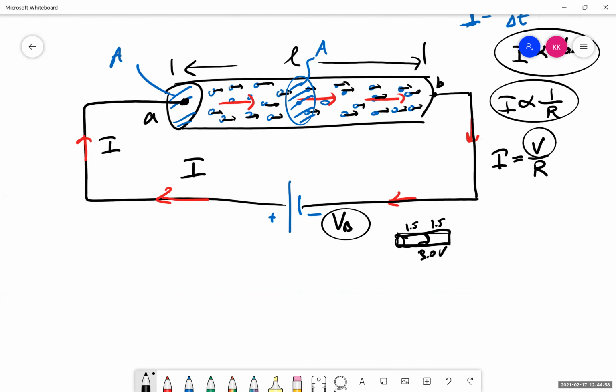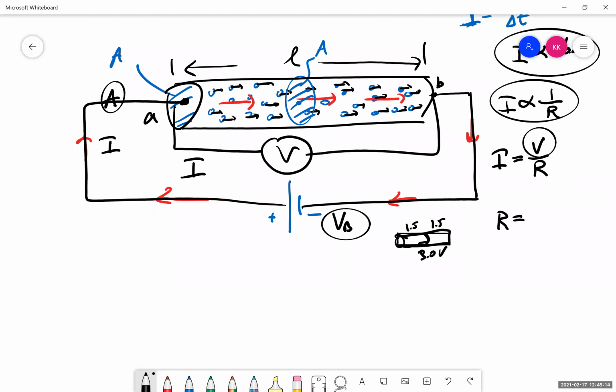The current: remember that other experiment we did where you can put an ammeter and measure the current? I can put a voltmeter here to measure the voltage across A and B, and an ammeter over there to measure the current, and I can calculate the resistance as the ratio of voltage over current.